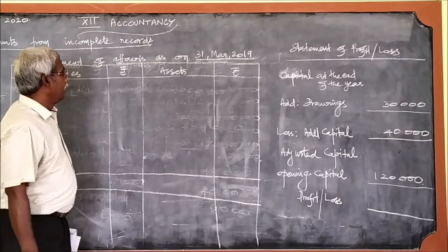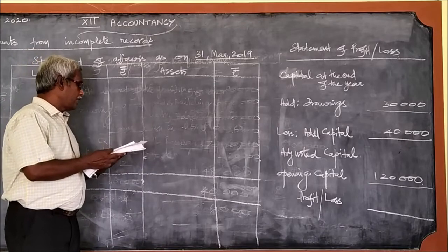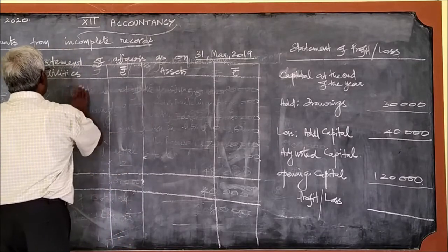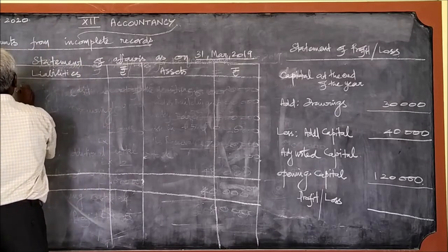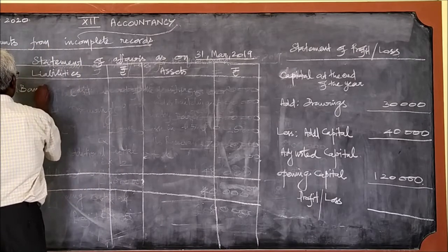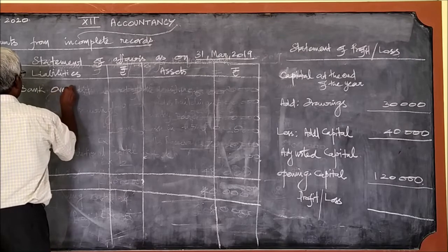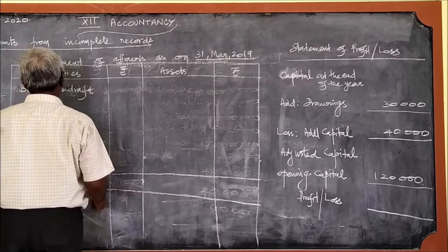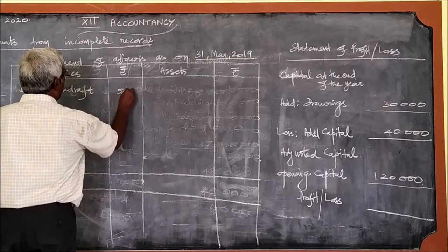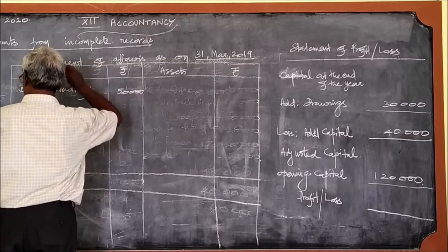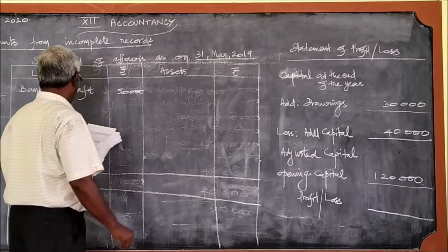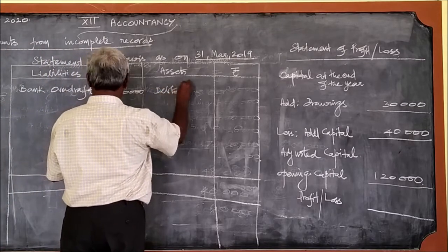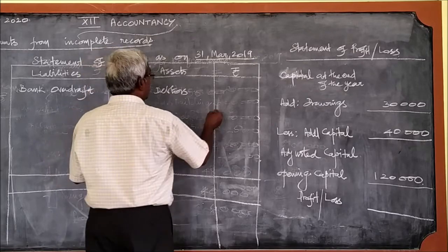So again, now go to the list of items given there. Bank overdraft. Bank is an asset, but bank overdraft is a liability. Bank overdraft 50,000. Debtors is an asset.